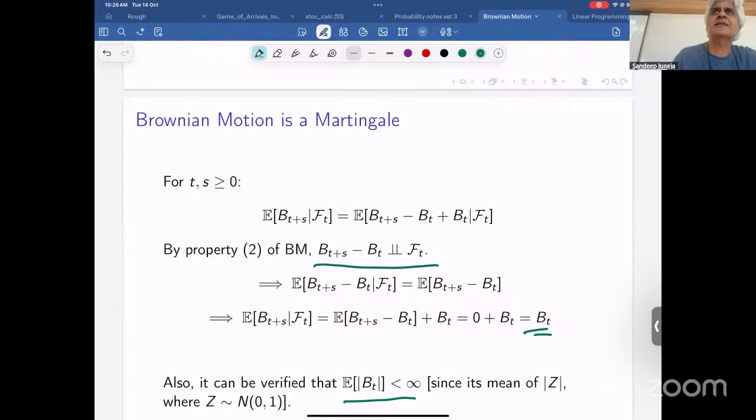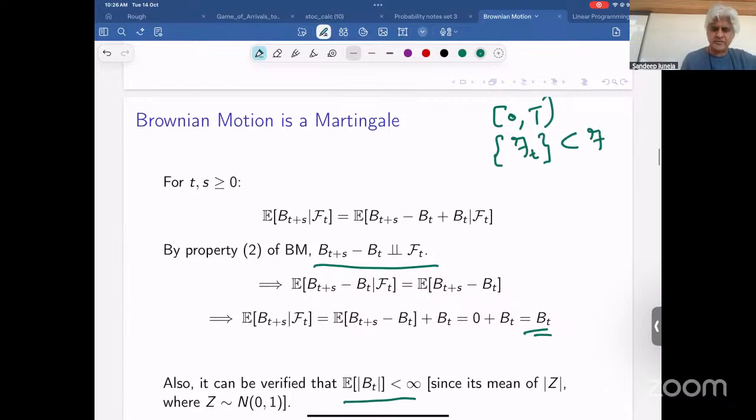Yeah, so what's the question? Yeah, the filtration is defined on 0 to big T. You have this increasing sequence of sigma algebras, which are all subsets of F, and B_t is measurable with respect to F_t for all t. These are details which should be spelled out.